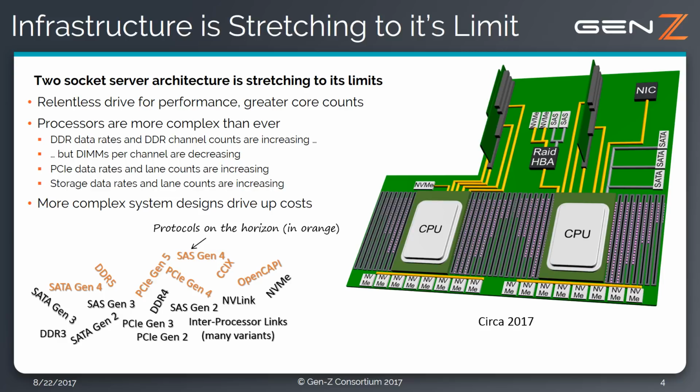We have an ever-increasing number of protocols and interconnect technologies being used to connect components in our 2-socket server. As these boards add these faster and more complex technologies, the systems are becoming much more complex and costly to manufacture.